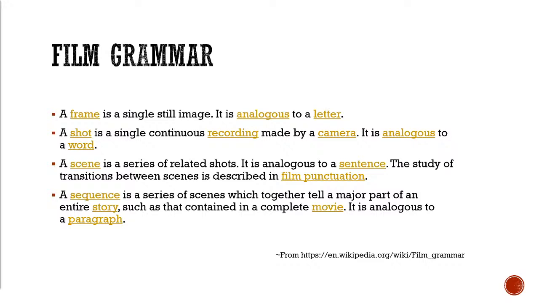If you recall basic film grammar, it's useful to think of a film as an essay or a paper or a story. If you think of a frame as a single image, it's like a single letter in your essay. A shot is a continuous recording made by a camera. It's analogous to a word.